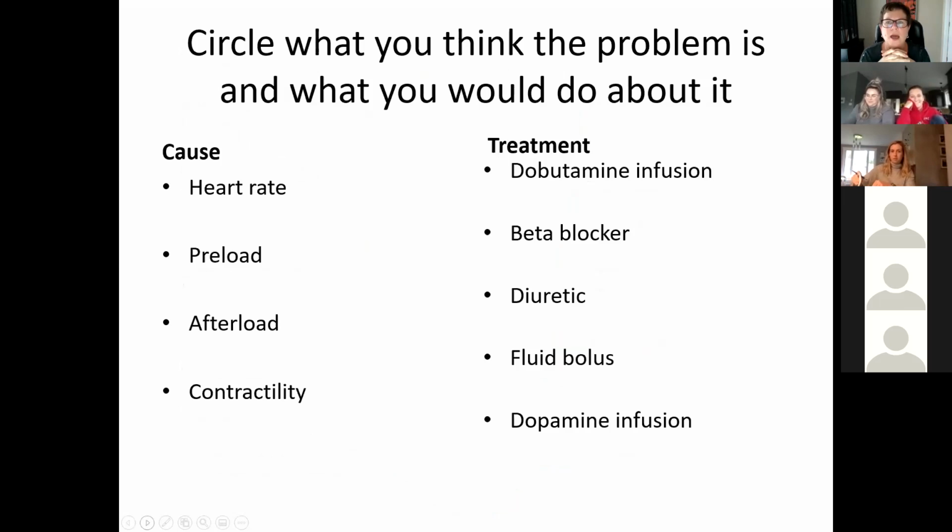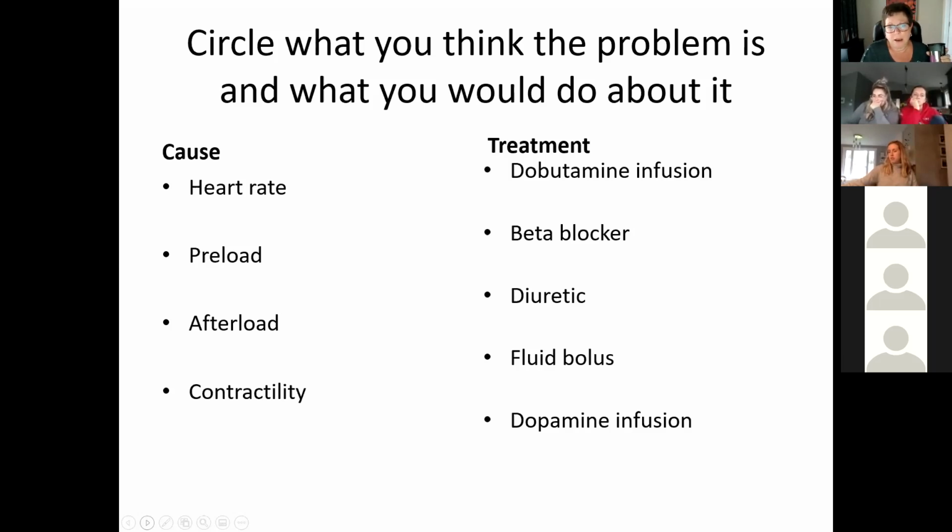And so I would like you to type into the chat box what you think the problem is and how you'd like to fix it. So there's only 1 or 2 problems that can ever happen. And sometimes things happen together.